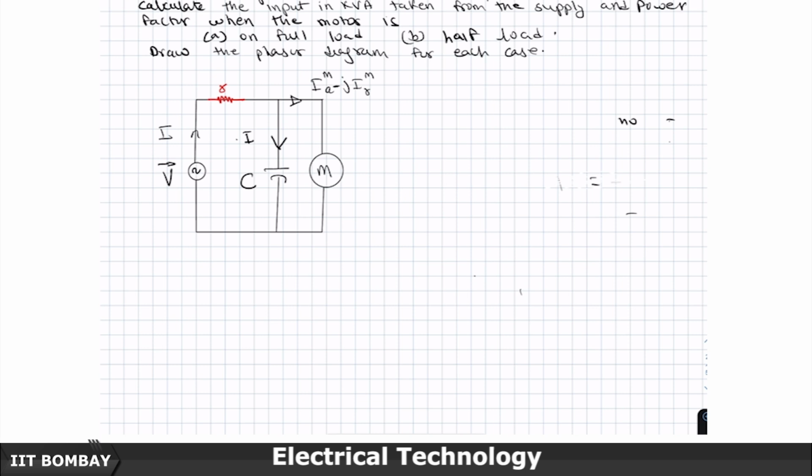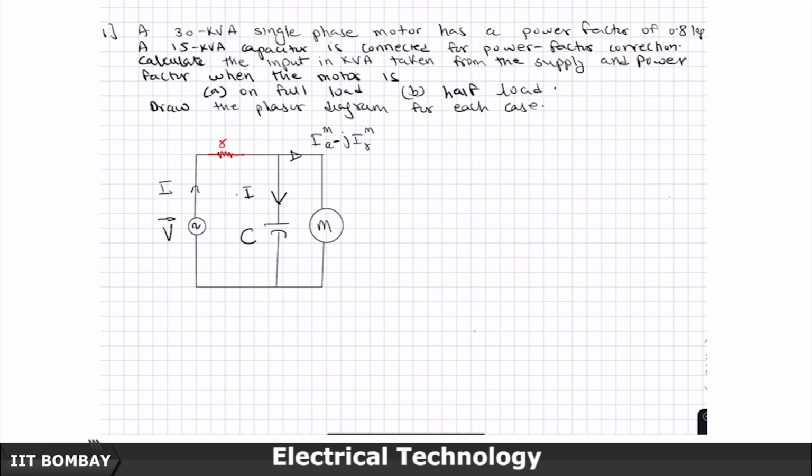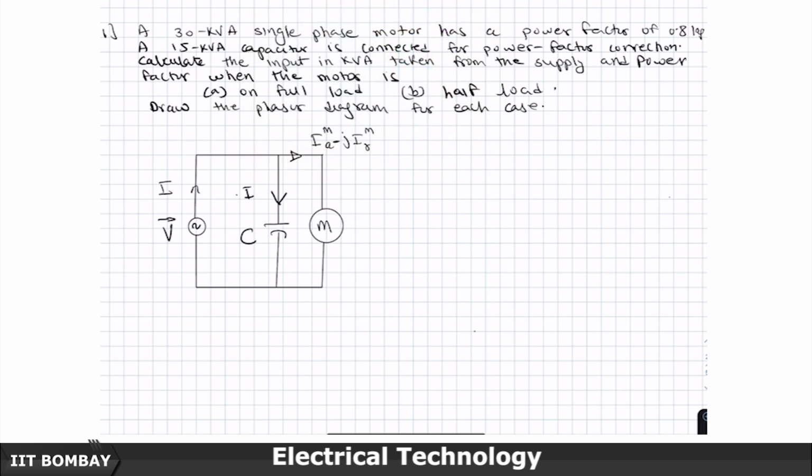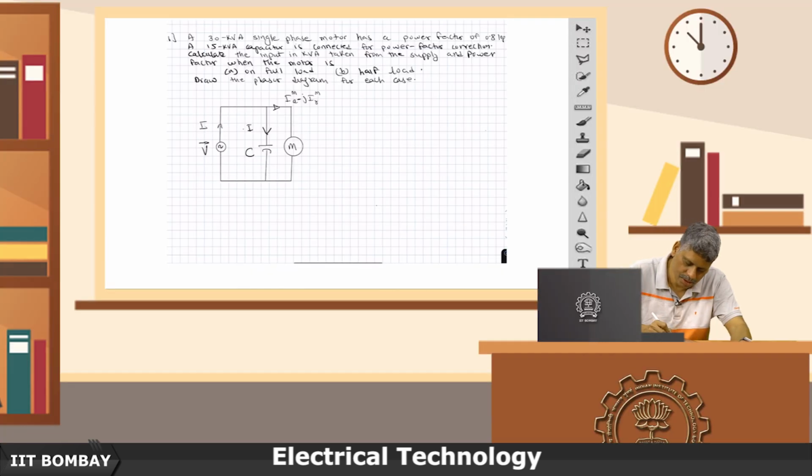What is given to me now is a motor load. In fact, this discussion is motivated from this problem only: a 30 kVA single phase motor. This is a single phase motor, like your fan is a single phase motor for example, has a power factor of 0.8, all right.